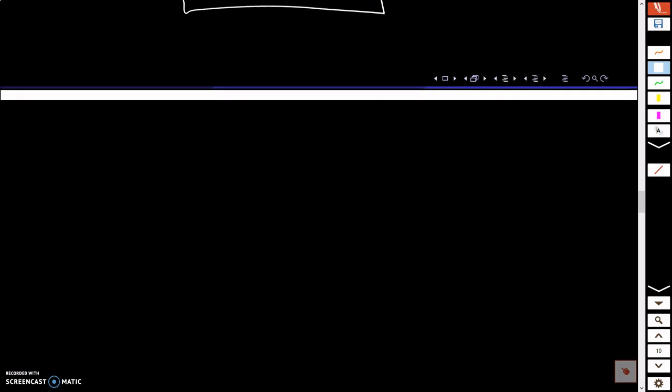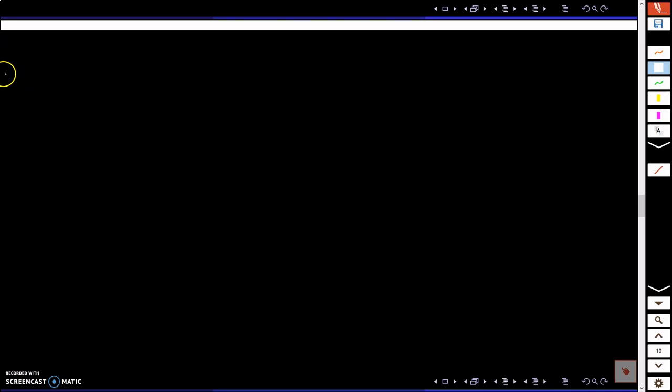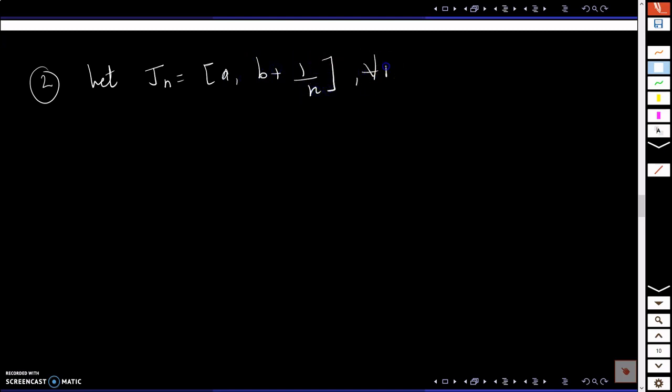Two similar exercises I will leave for you all to try. The second one I will leave for you is this one. Let Jn be equal to the interval a comma b plus 1 by n, and this is for every natural number n.